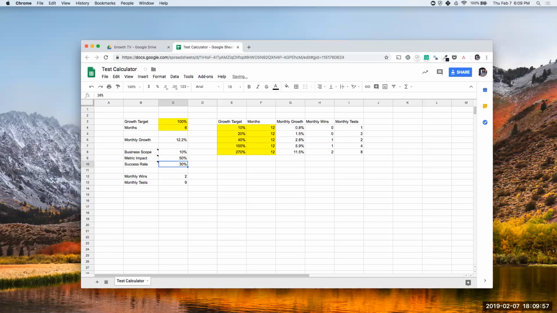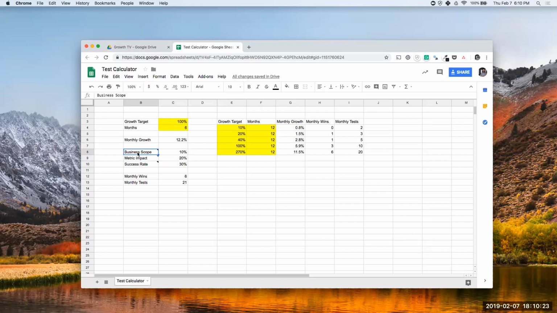They're probably related. Maybe you're going for really big tests, and on average you're only successful 10% of the time, but when you are successful, it's a big improvement, 50%. But typically, on average, if you are successful, which is a third of the time, success means about a 20% improvement.